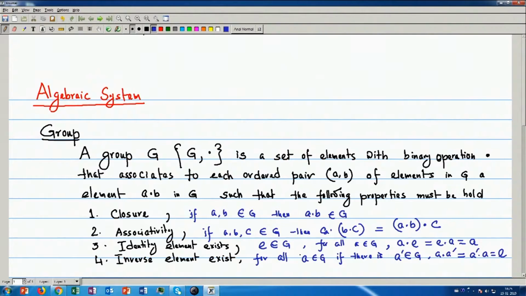So, we have only added this property over the monoid, and then we say this forms a group.